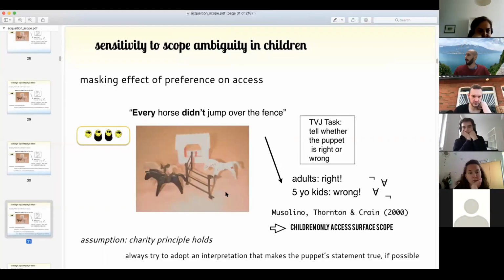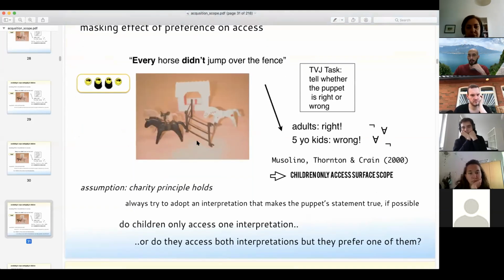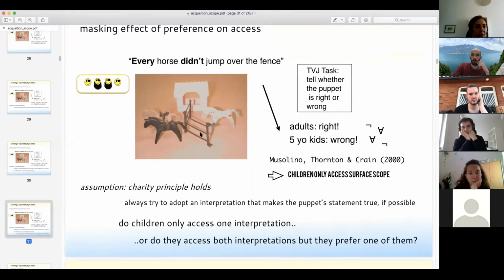Right, so I just wanted to tell you one last thing about this. And this is the following. Let's go back to the Musolino experiment, okay? Let's go back to the critical situation in which two horses jumped over the fence and one didn't, okay?